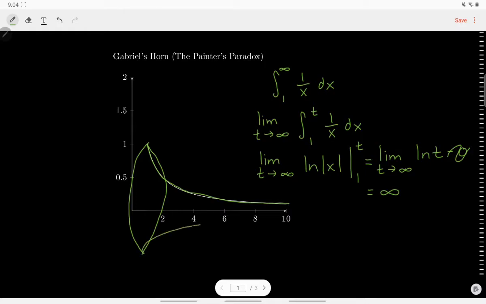This is making a 3D shape, kind of like a horn that never ends because it's going off to infinity. Think of it as a hollow tube that curves at the end and ends here at 1. We have this hollow tube heading off to infinity, and the end of it is squeezing down, squeezing down, squeezing down, but it's still a hollow tube. That's what we're going to look at.